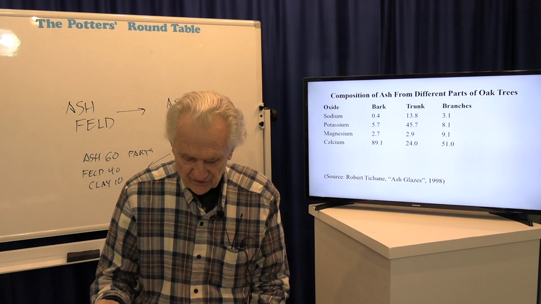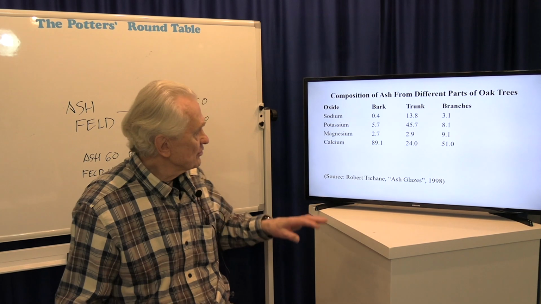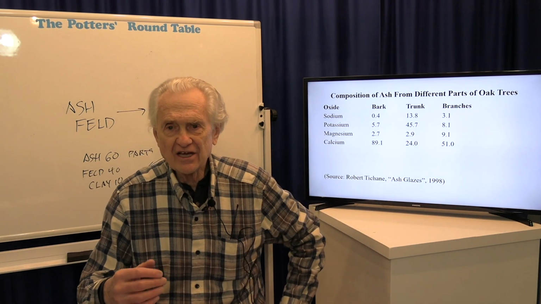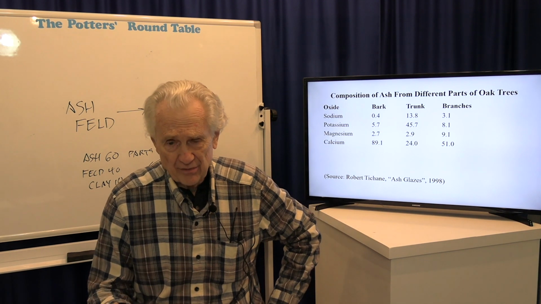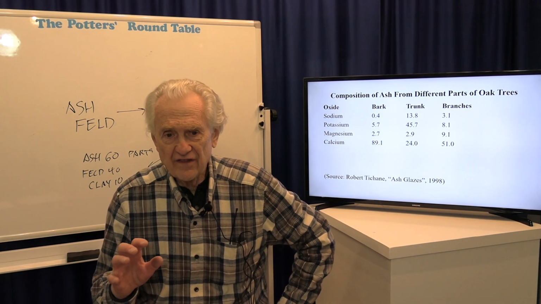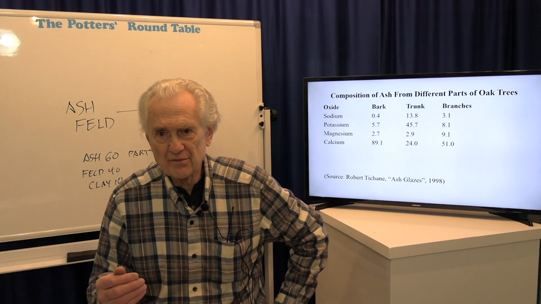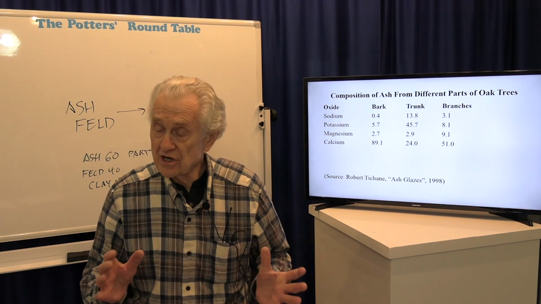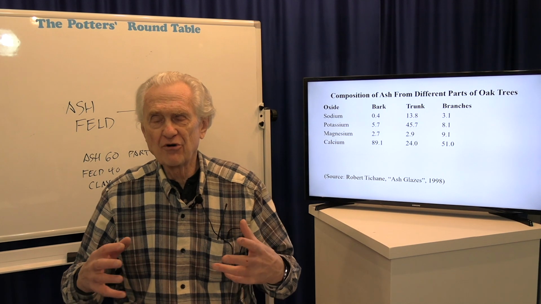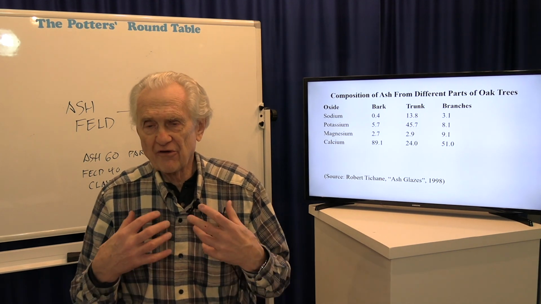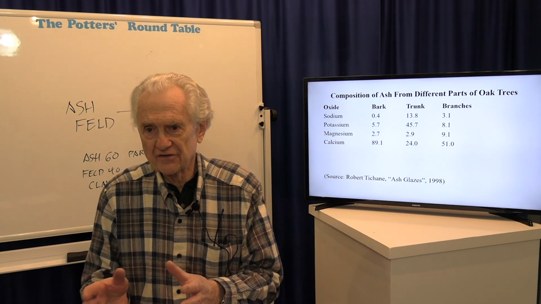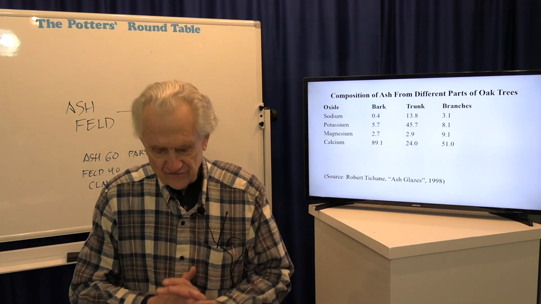So that would be one way to explore it. And especially since we know that wood ash tends to be high in calcium, I could look at any recipe, and if I see one of the ingredients that supplies calcium, I could say, okay, instead of the whiting in this recipe, which we know would be a source of calcium, I'm going to put in my wood ash. That would be a perfectly logical approach, and see how the wood ash would substitute in different amounts for the whiting in the glaze recipe.